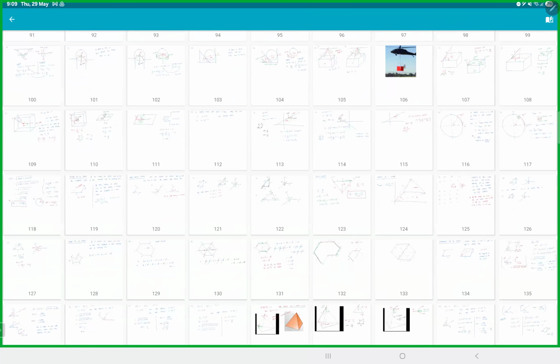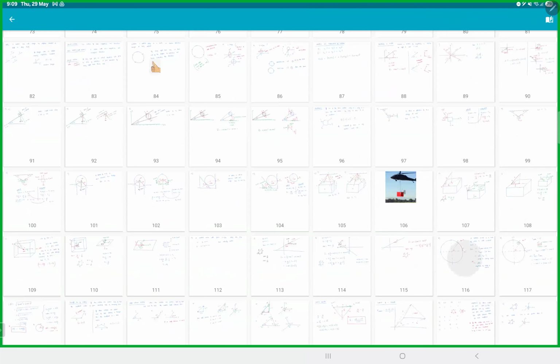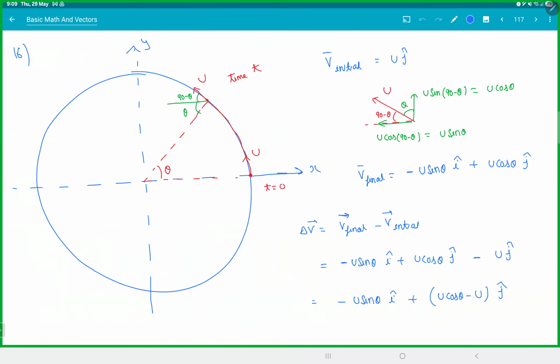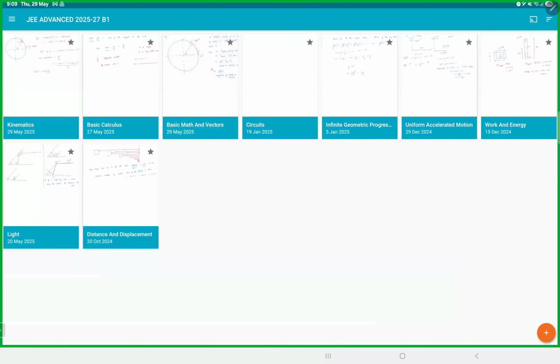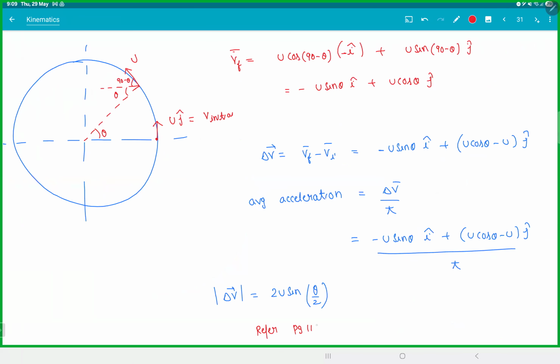Where did we do that? Here. This was the proof, page 118, this problem. Like I said, quite an important result. I have seen this coming multiple times in all these other exams like BITS, MIT, Vellore, and all those exams.